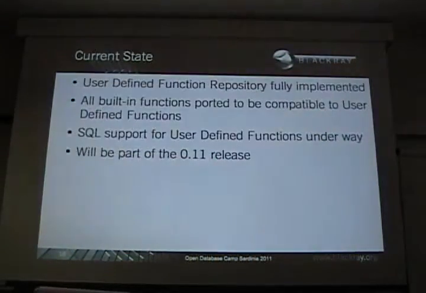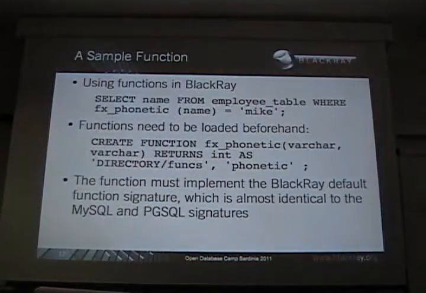How do the functions use the index? Internally, we create a separate column. So if you have a column name and a function column name, then we create a separate set of values for the functions.